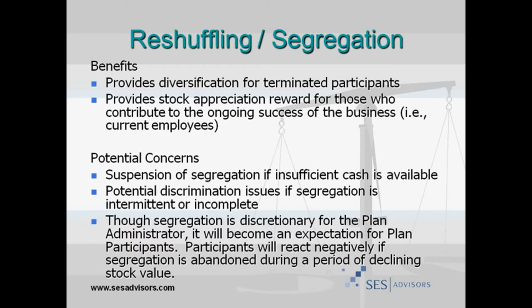You also see, or I see, segregation policies that segregate all terminated participants proportionately to their account balance. So if you have $1 million invested in terminated participant accounts, and you've got $100,000 that the plan administrator has decided is going to be used to fund segregation, you would fund the segregation 10% of every terminated participant account balance, and do it across the board that way.